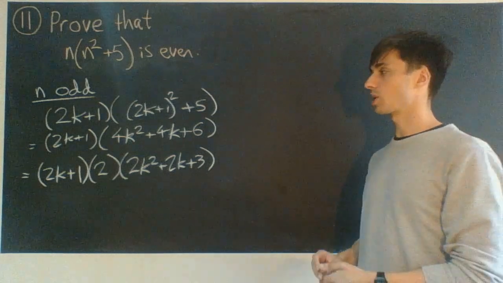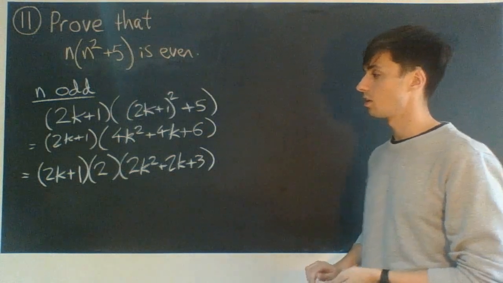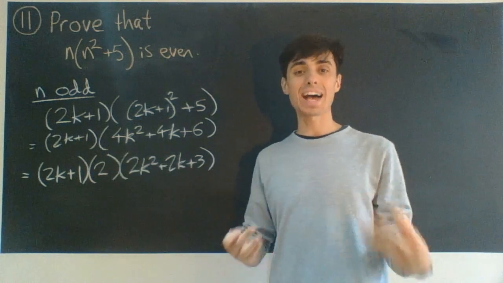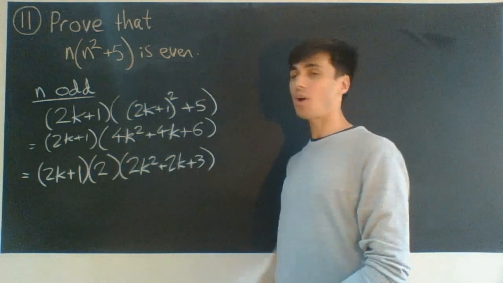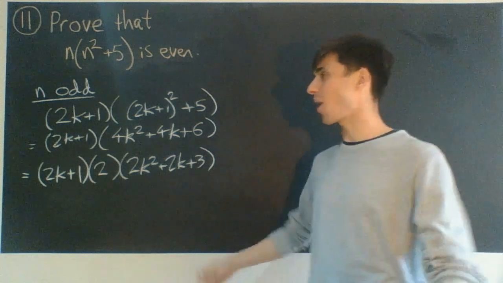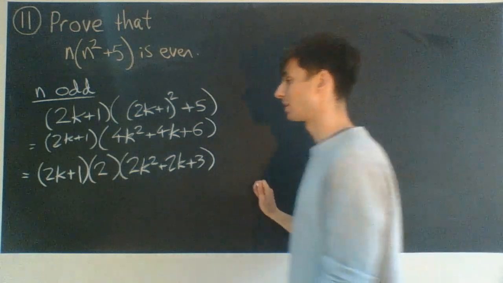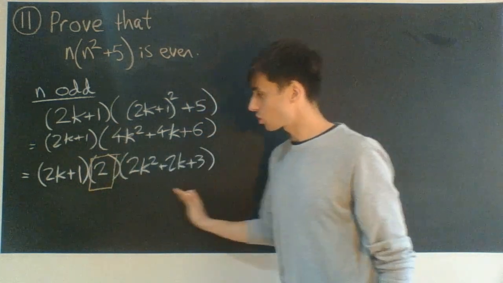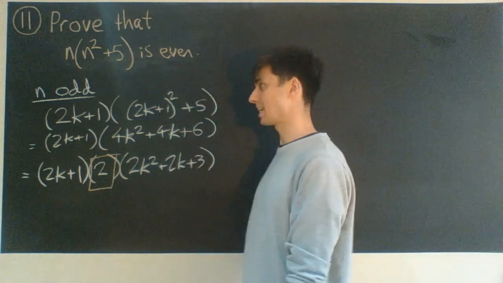This is so key for us to understand that any even number times by anything has to be even. You can't escape the even numbers by timesing them by any other whole number. So because we've got this 2 here, that means the whole thing must be even.